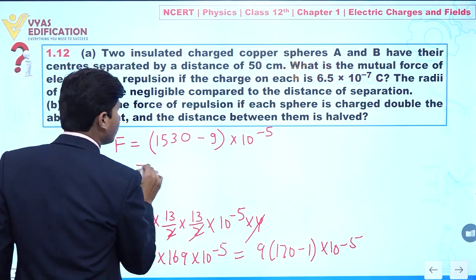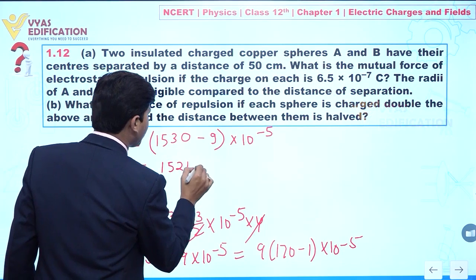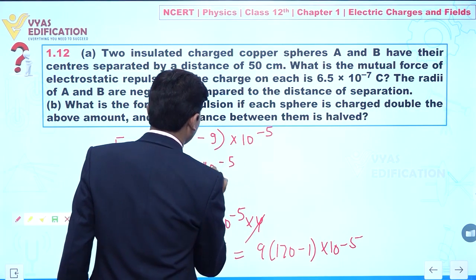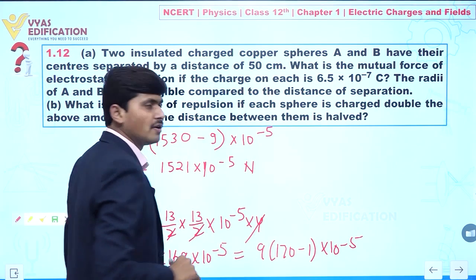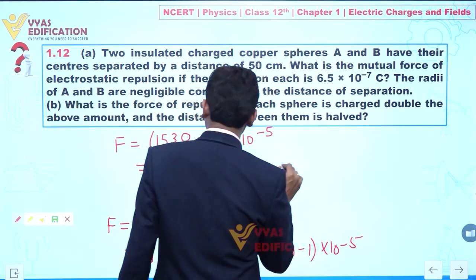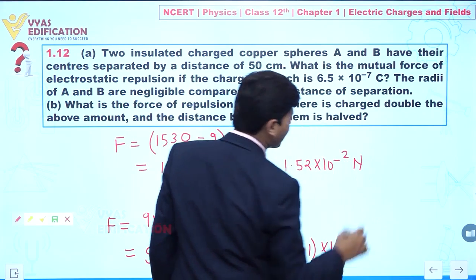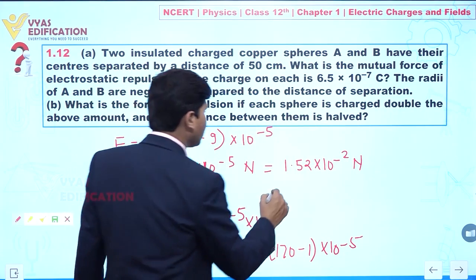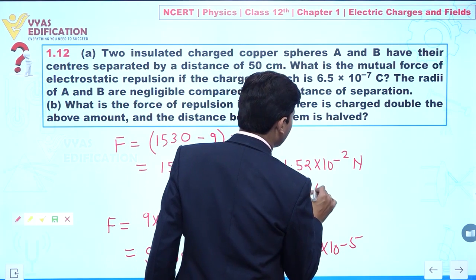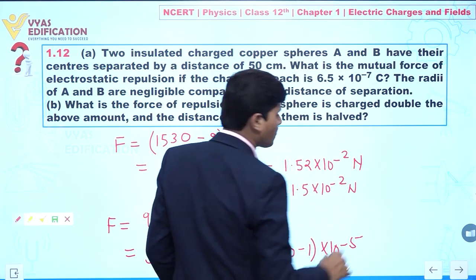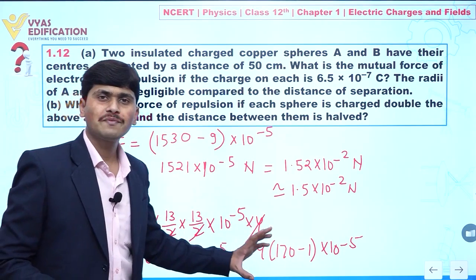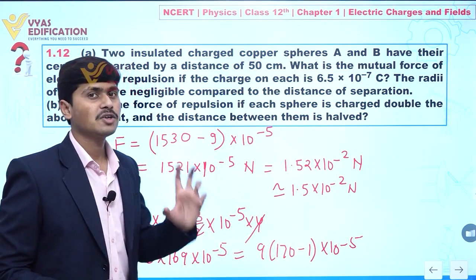So we can write 1521 into 10 to the power minus 5 Newton. Now we can also write this as 1.52 into 10 to the power minus 2 Newton, or approximately 1.5 into 10 to the power minus 2 Newton. So this is the electrostatic repulsive force acting between the two charges.